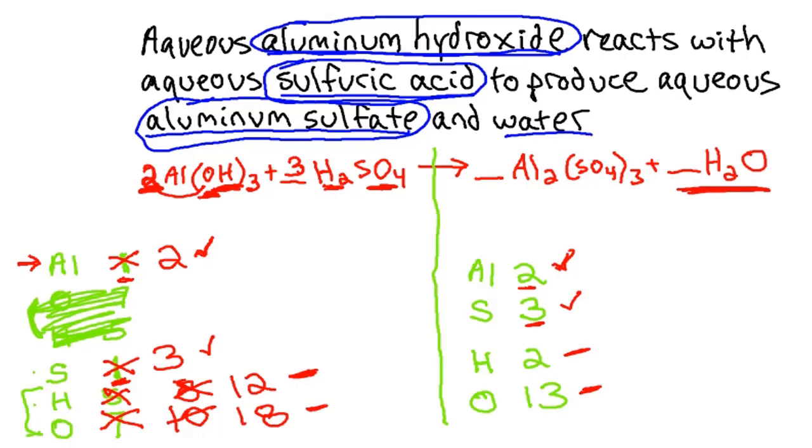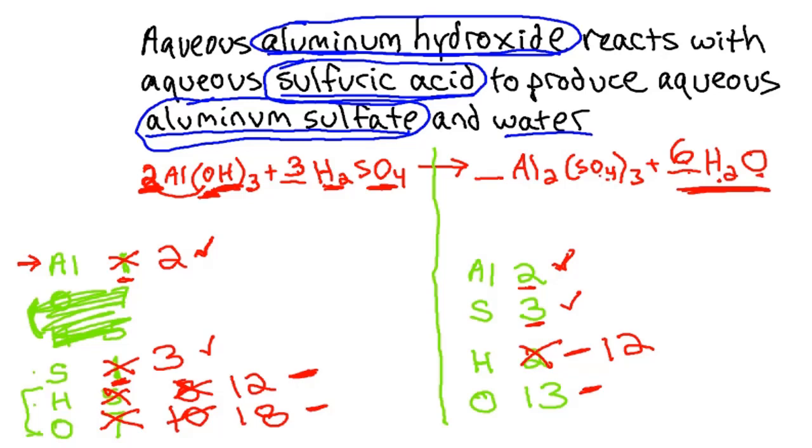We need to make this a 6H2O, because 6 times the 2 hydrogens is going to turn this hydrogen into 12. Now let's add up the oxygens and see how many we have on the right. So we have 6 oxygens, so that's 6.